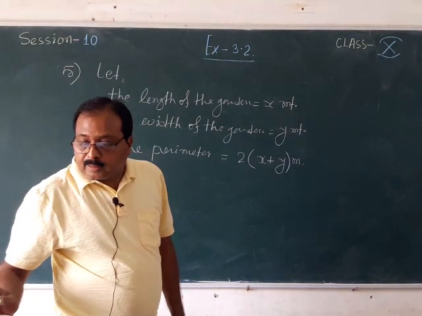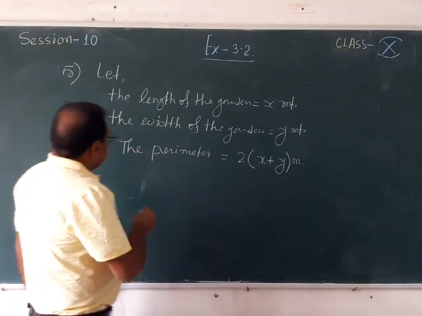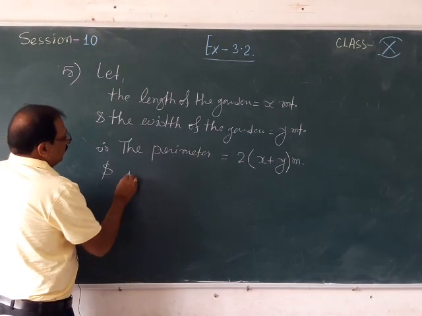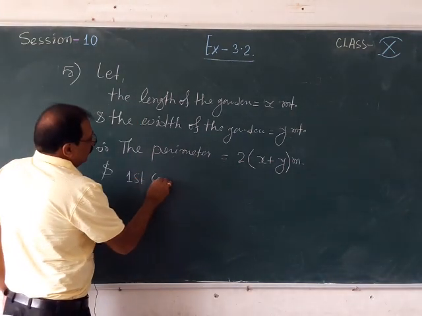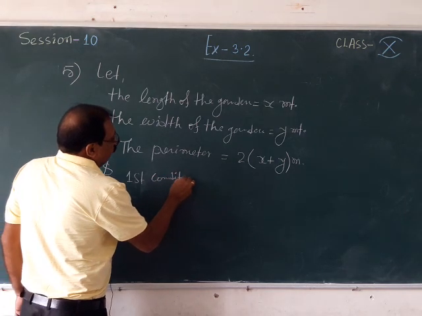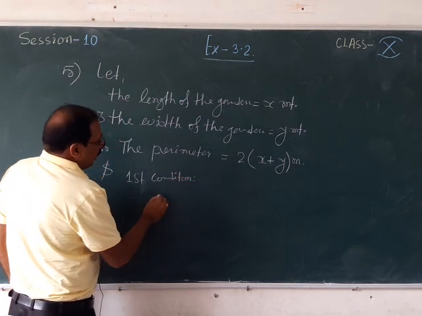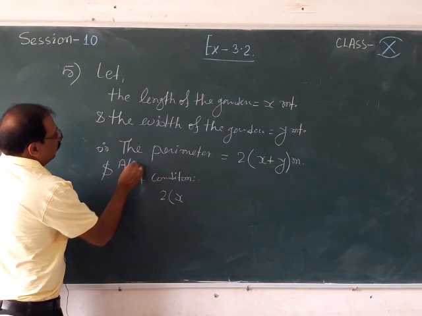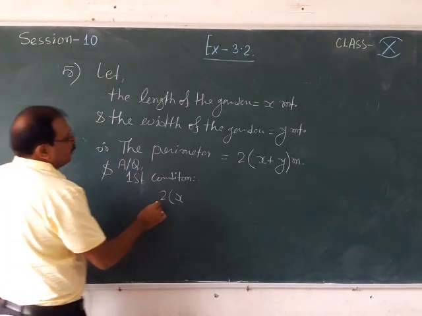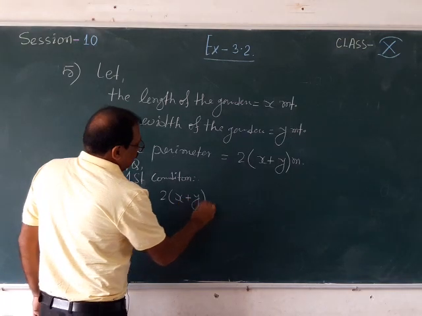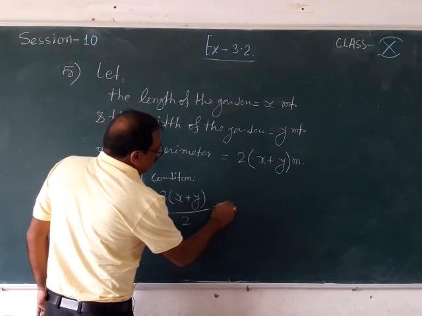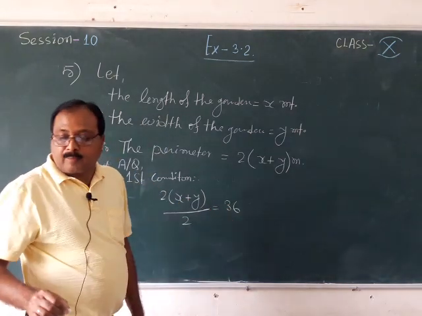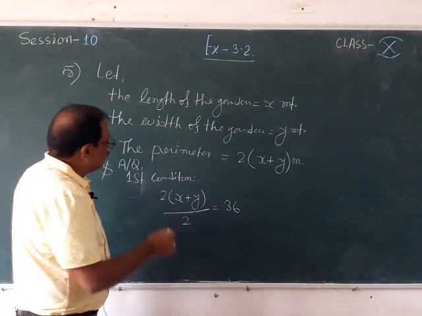And in the question, the first condition given is that half of the perimeter, according to the question, means the perimeter by 2 is given as 36. Half of the perimeter is given how much? 36.